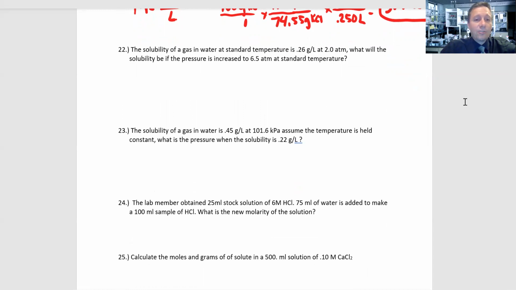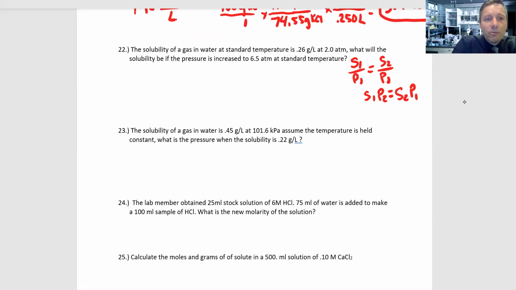You could be talking about 25 degrees because that is for solution. So you could say 25 degrees Celsius. All right, so this is Henry's law. So when I look at this, I know right away this is S1 over P1 equals S2 over P2. I'm going to write this out as S1 P2 equals S2 P1.